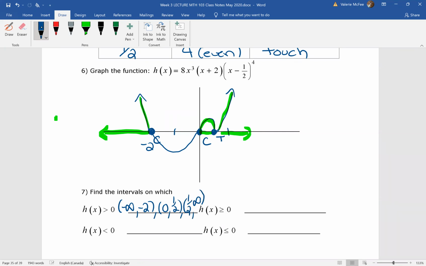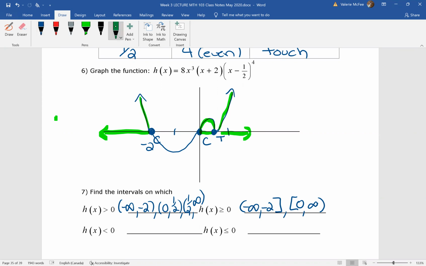Greater than or equal to 0? Negative infinity to -2 included, and then 0 all the way to positive infinity. I don't need to stop at a half because it is equal to 0 there. Less than 0?